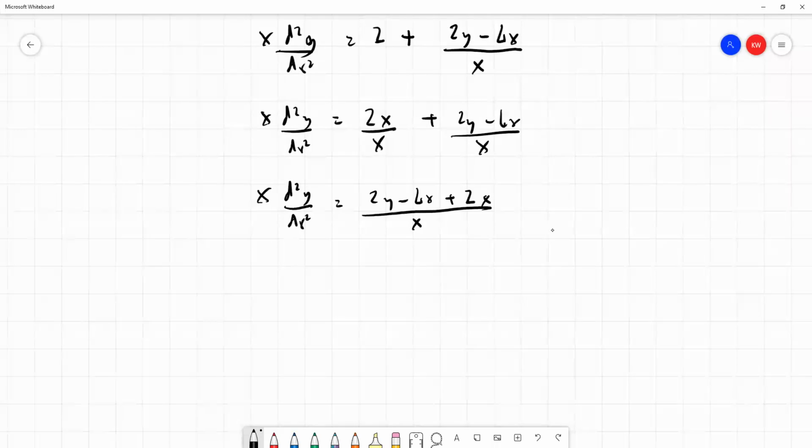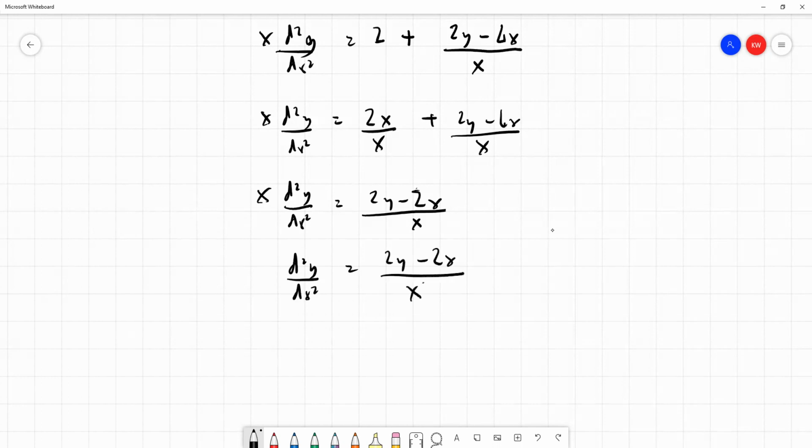But actually, I can skip a step there because I know that minus 4x plus 2x is going to be minus 2x. Let's write it like that, (2y minus 2x) over x. And then I can divide through by x, and I'll be left with (2y minus 2x) divided by x squared.